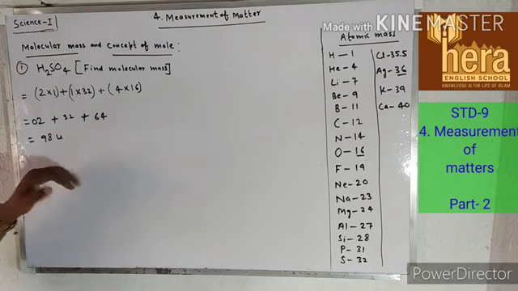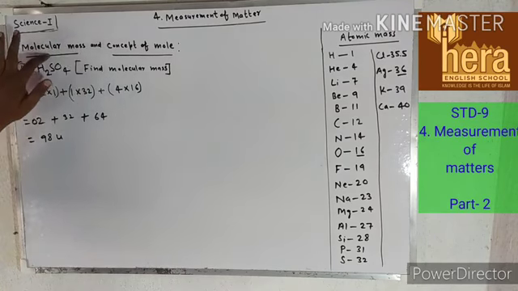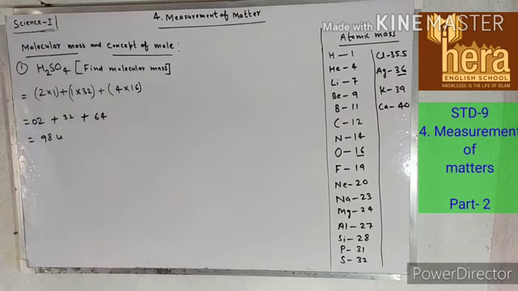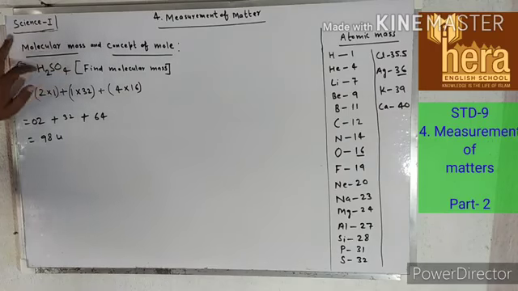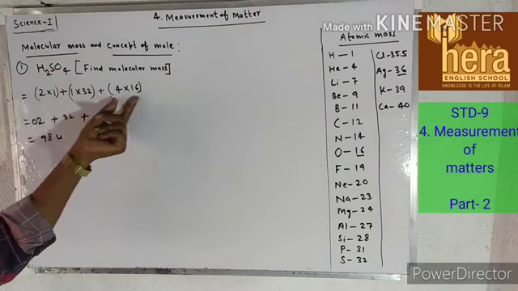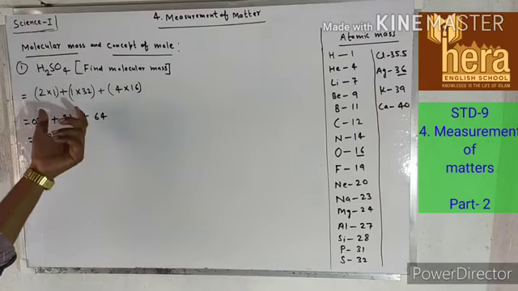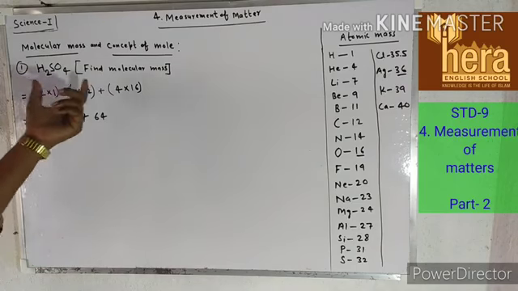Understood? So if someone asks what is molecular mass, then how will you define molecular mass? You can define it as: the molecular mass of a substance is the sum of the atomic masses of all the atoms, like hydrogen, sulfur, oxygen, in a single molecule of that substance.